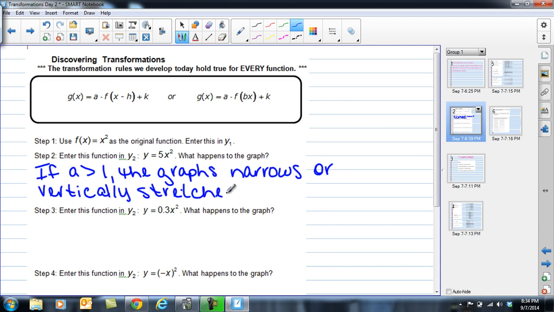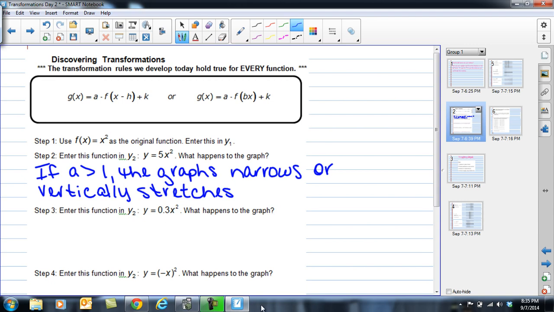And what made it vertically stretch is that the y values are getting bigger, so they're moving further away from the x-axis, further up, so we are stretching the points away from the x-axis.